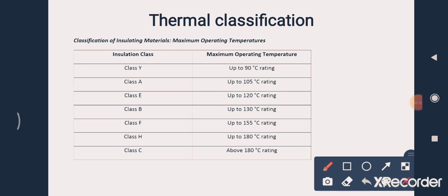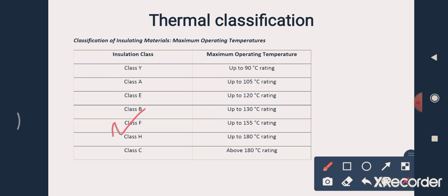Next point is Class F insulating material. Class F insulation consists of materials or combinations of materials such as mica, glass fiber, asbestos with suitable bonding, impregnating or coating substance, as well as other materials or combinations of materials not necessarily inorganic which by experience or test can be shown to be capable of operation at Class F temperature.